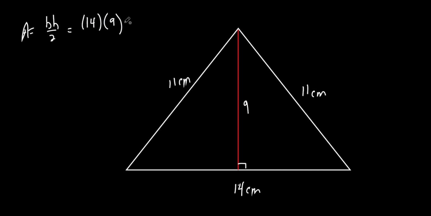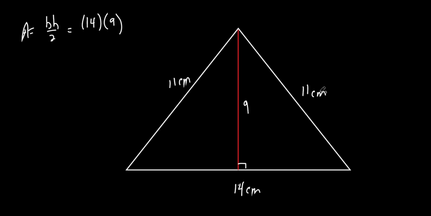9. Why is it not 11? It's not because it's connected. Because 11 is not perpendicular, okay? This side right here is not perpendicular to that. Do you see that angle right there? Is that a right angle? No. So that can't be the height.